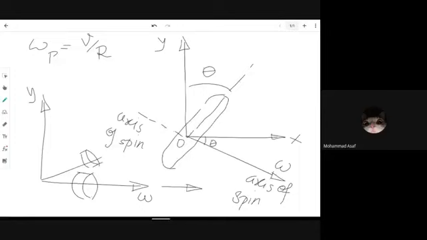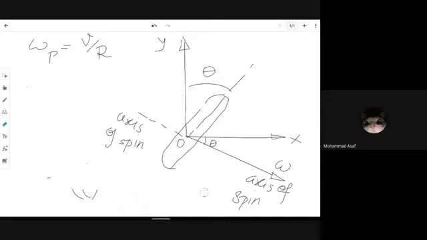The angular momentum also was taking the same direction. The vector for angular momentum, which is I omega, was also taking the same direction as that of the angular velocity vector. So along the axis of spin, you have to mark the angular velocity vector also. Is that clear? Yes, sir.